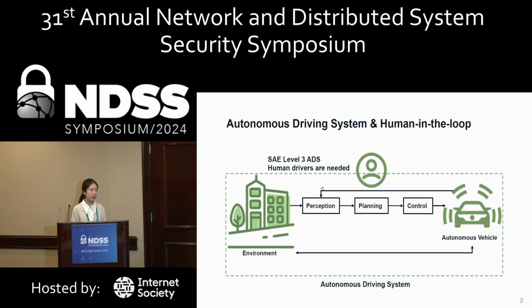We can notice that in a level 3 autonomous driving system, human drivers are needed to take care of the uncertainty of the system. So when do we need the human's intervention, and how? This is what we are interested in, and we want to figure out some loopholes here and fix them, to gear up the collaboration between human and AI.